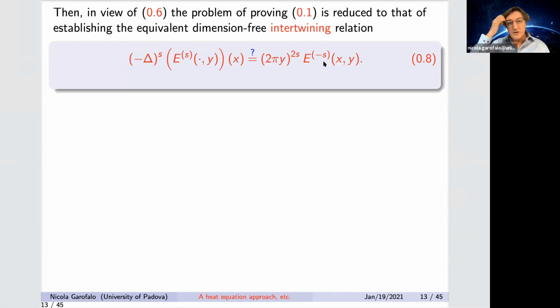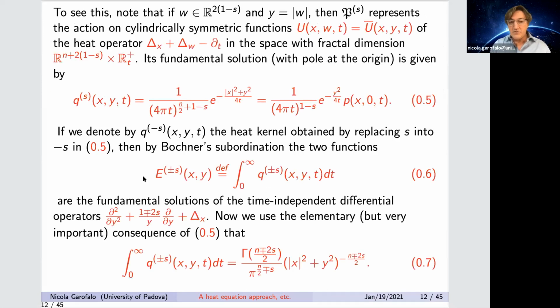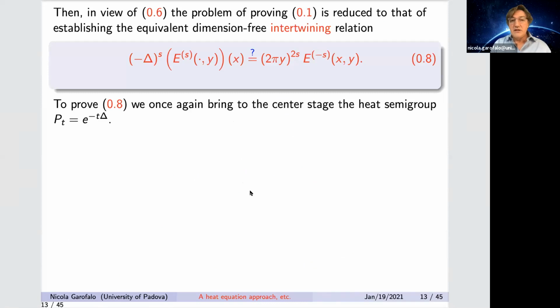So I can reformulate 0.1 into this form, where E^s and E^{-s} are the two functions produced by integrating this fundamental solution in time. And now you see that the game is to prove this.